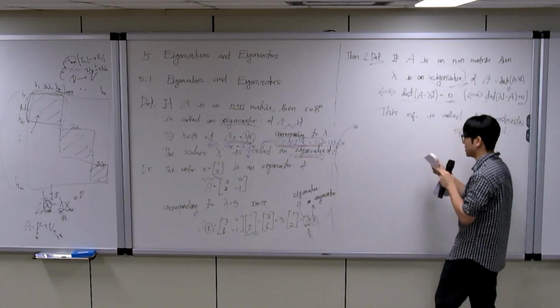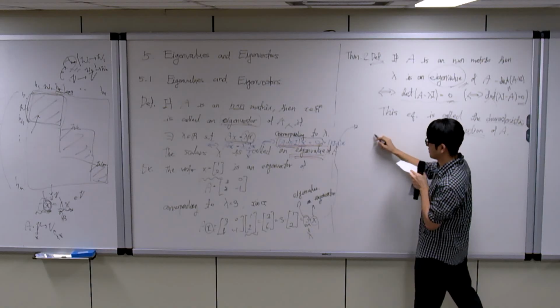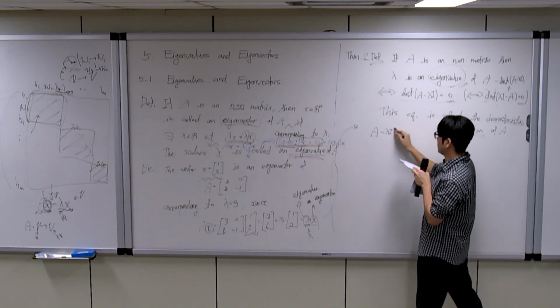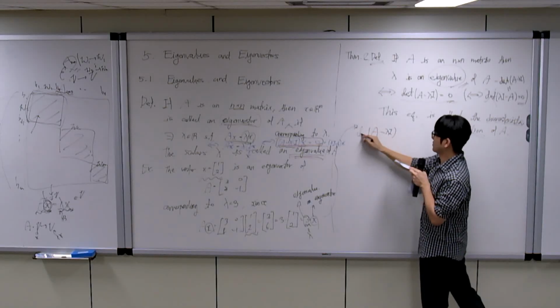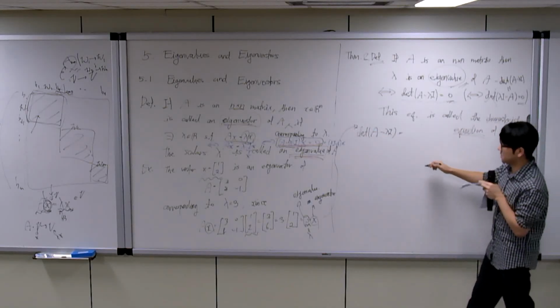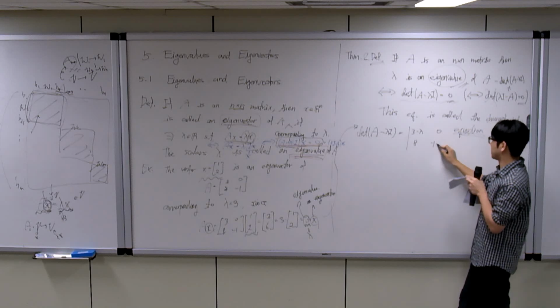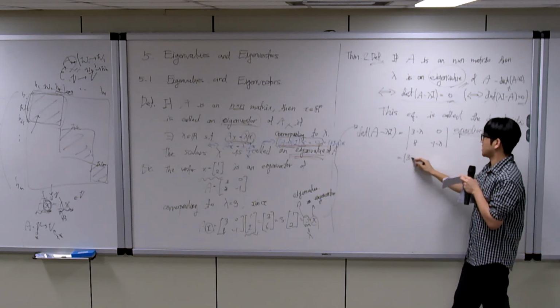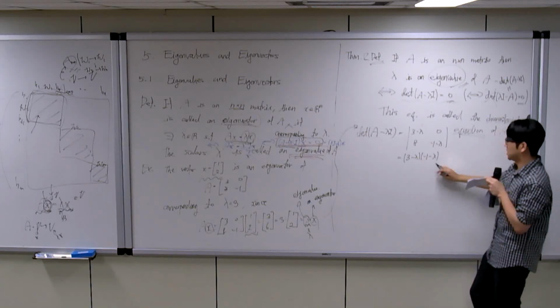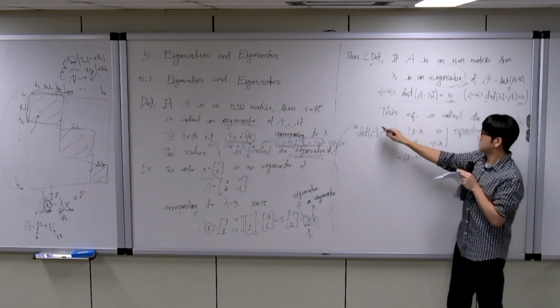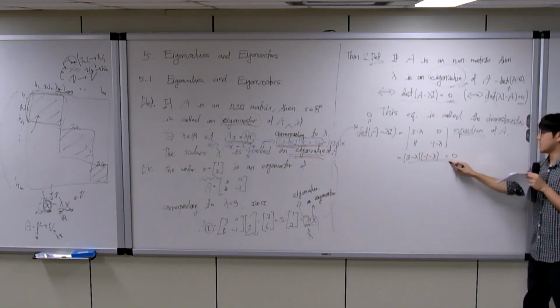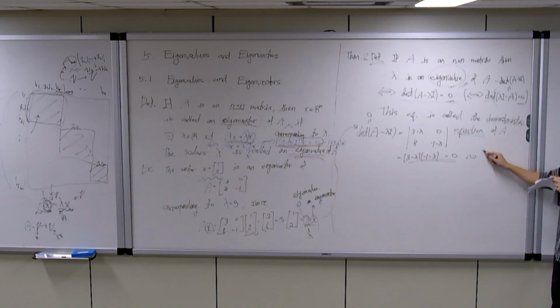And to calculate it, let's see the equation determinant of A minus lambda I. It means we will calculate 3 minus lambda, 0, 8, minus 1 minus lambda, and it is exactly the same equation here, and from here we can get the solution is lambda equals 3 and minus 1. So we can get the eigenvalues of A.